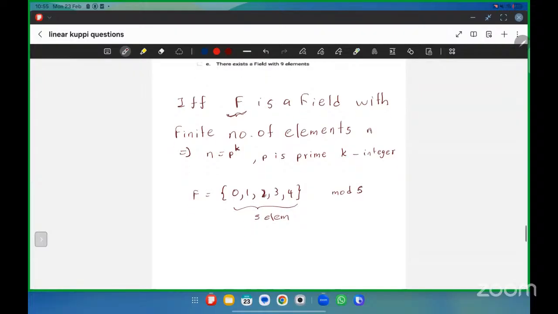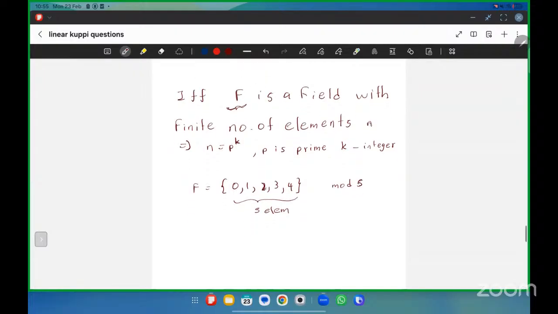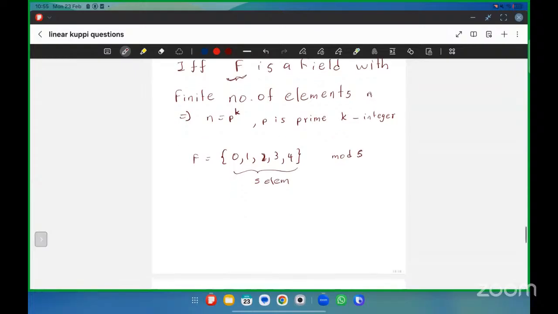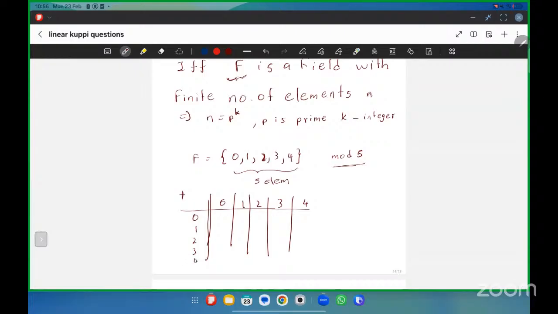Mod 5 means we divide the element by 5. So here I'll do the plus with mod 5. So we can write the chart like 0, 1, 2, 3, 4, 0, 1, 2, 3, 4.